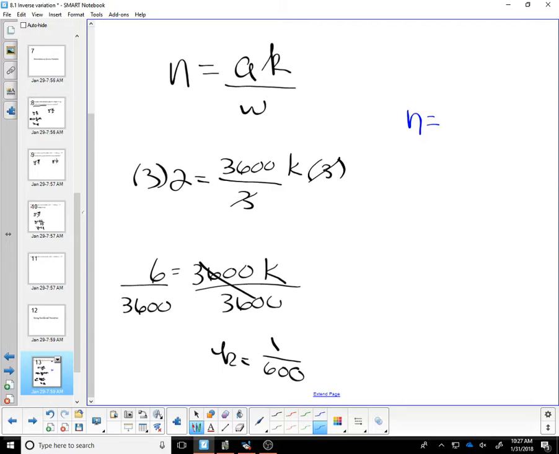A, I can throw A up there. Well, we know K. K is this fraction, 1 over 600, and then the weight, we don't know, it's W, right? So there's my model. It's kind of gross, but it'll work.